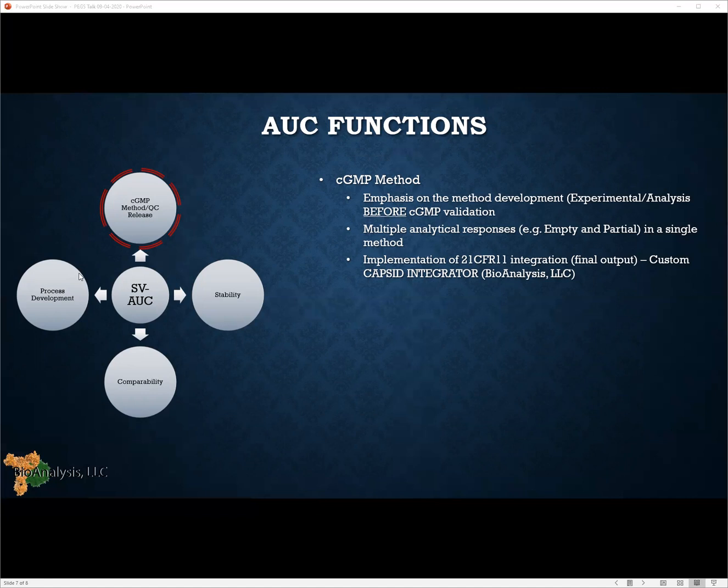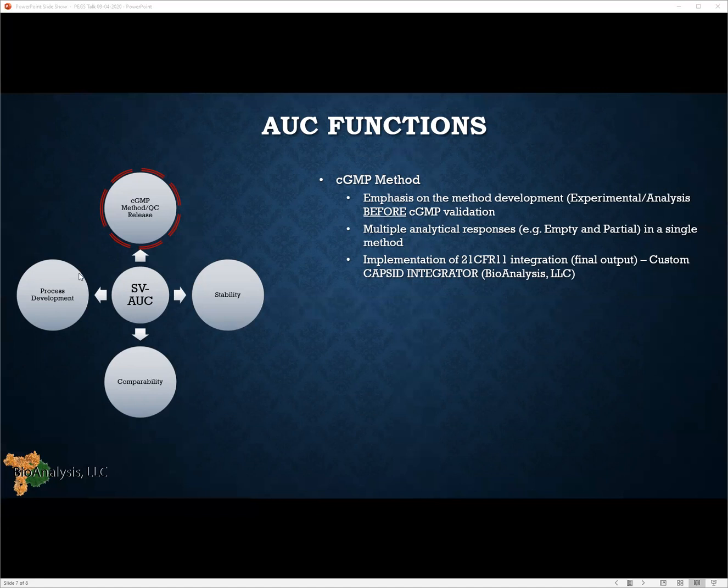One camp says this method is pretty complicated, the data analysis is very complicated, and it can't really be translated into the cGMP world. And then there's a camp that I sit in, where we have proven out that the AUC is robust, and the emphasis is on the method development that precedes the validation. You can get a QC release method that is going to be accepted by the FDA once done correctly, and it has been in certain cases.